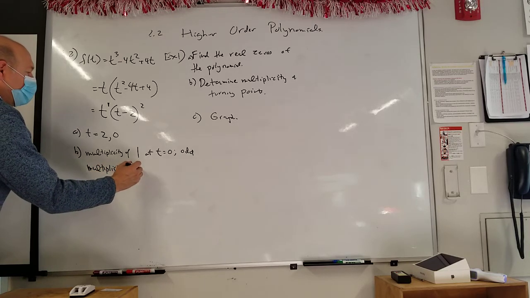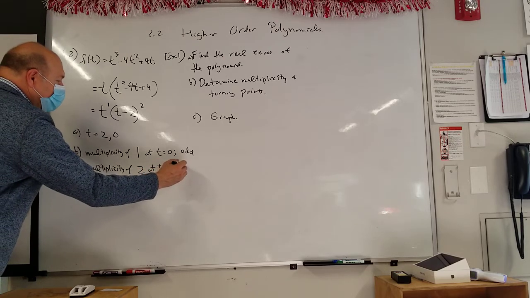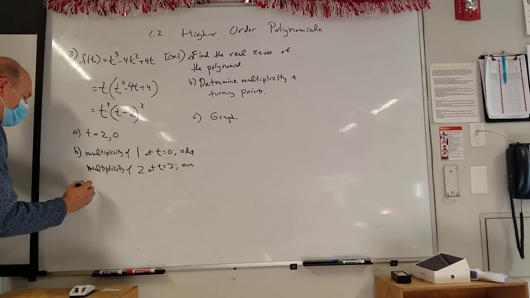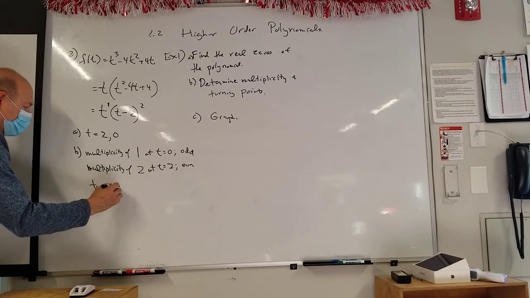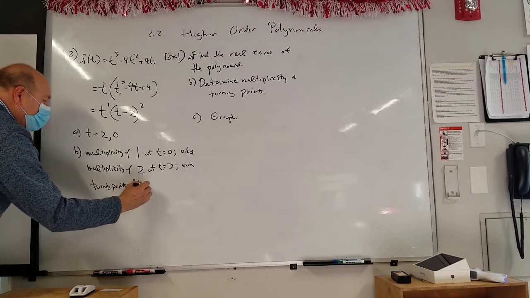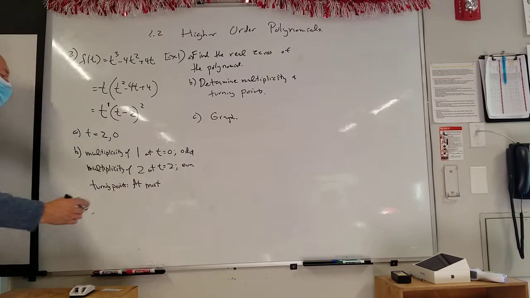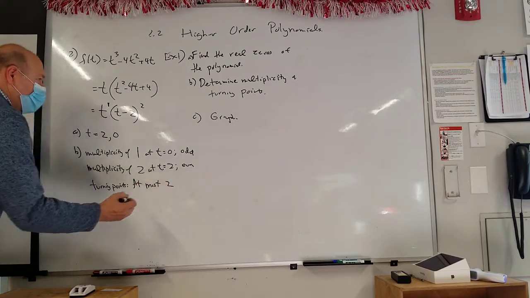Multiplicity of 2 at t is equal to 2, and that is even. Turning points. At most, how many? 2. At most 2. Perfect.